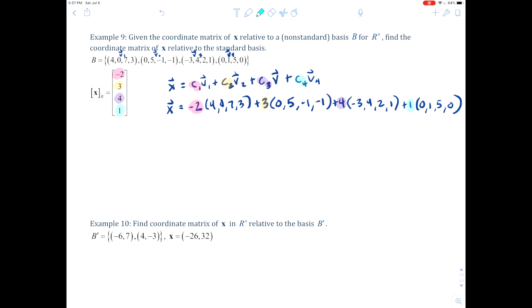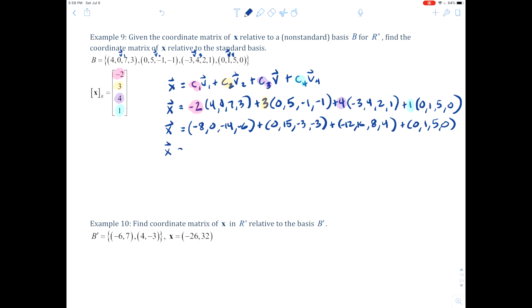And then the other ones are the vectors in that basis B. So what should I do? I can just multiply this, right? Multiply the scalars and then sum. So what are we going to have? This would end up being (-8, 0, -14, -6) plus (0, 15, -3, -3) plus (-12, 16, 8, 4), and then plus (0, 1, 5, 0).